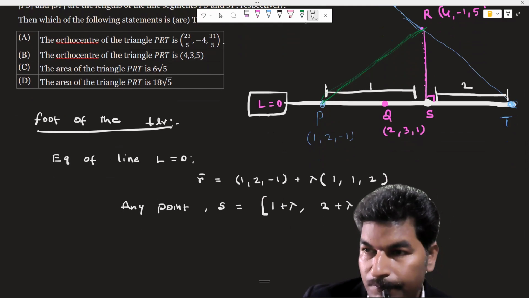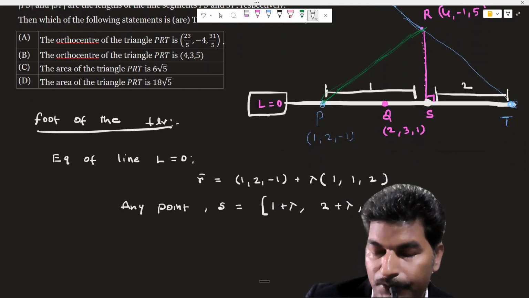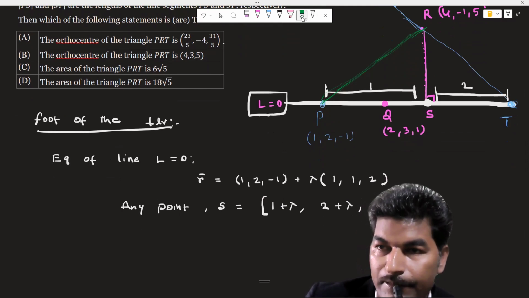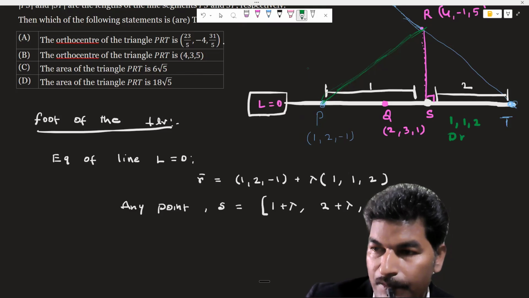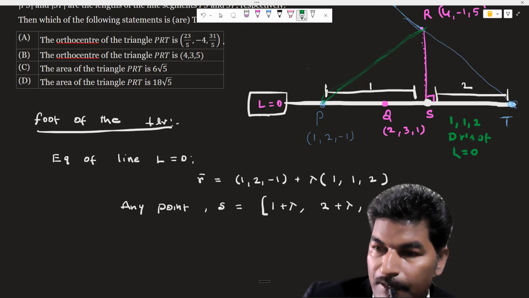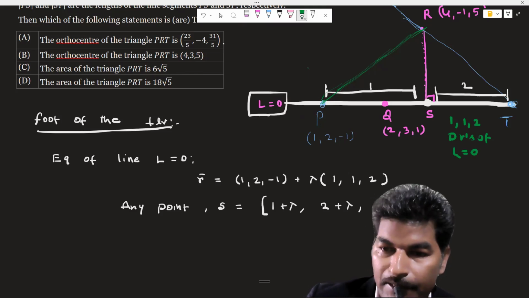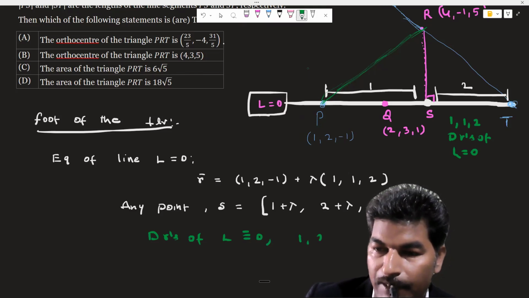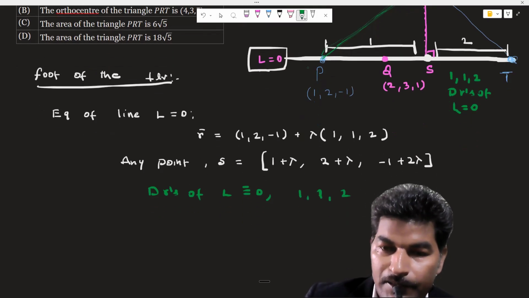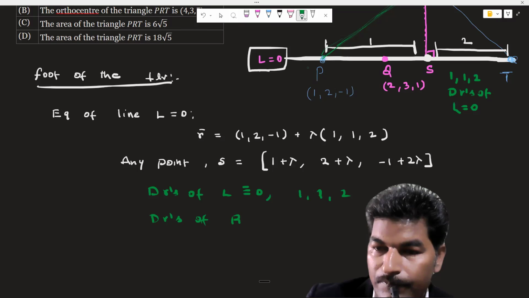Clear up to that? Now the DRs of L equal to 0 are 1, 1, 2. What are the DRs of RS?